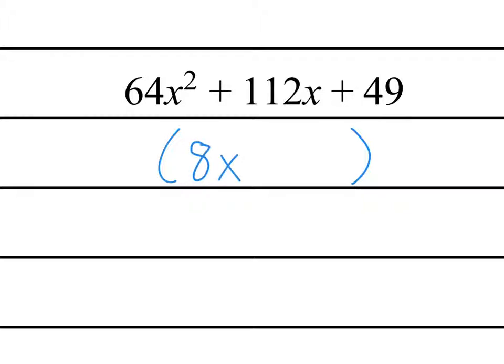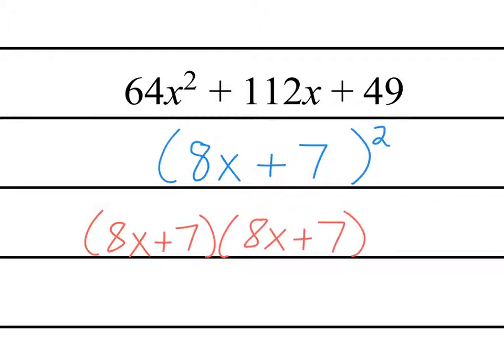What's the square root of 49? 7. So 8x plus 7, there will be 2 of those multiplied together. Again, just so you understand, this is the same thing as having 8x plus 7 times 8x plus 7. You would get the exact same thing as if you factored it like we did the last several days. So if you don't recognize that it's perfect squares, that's okay.